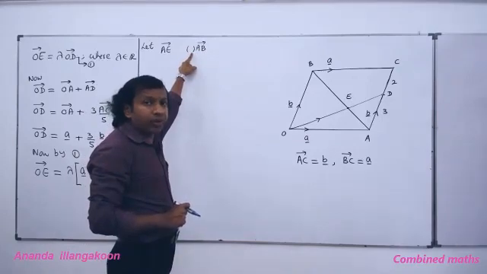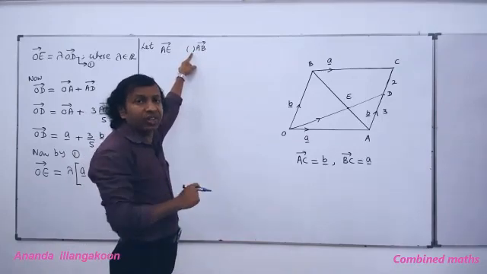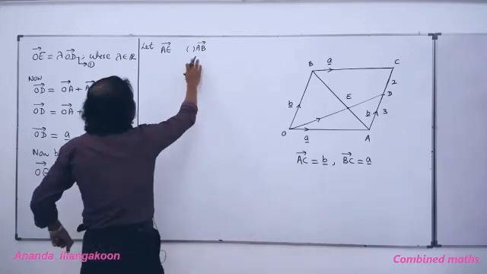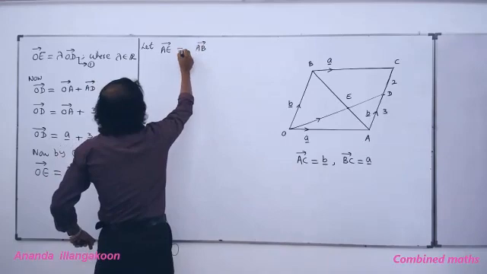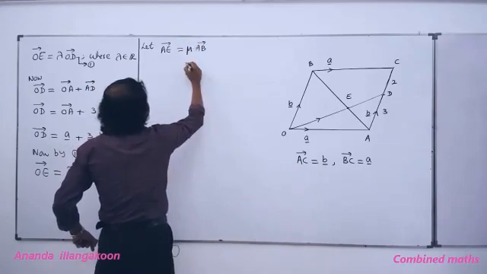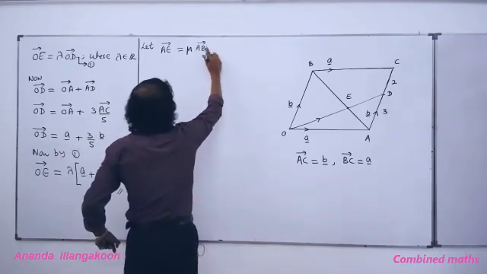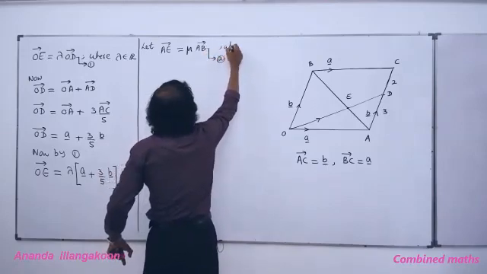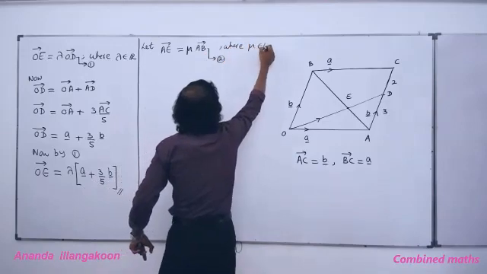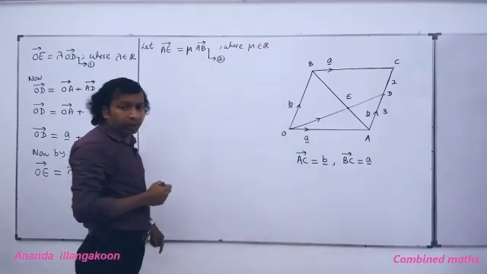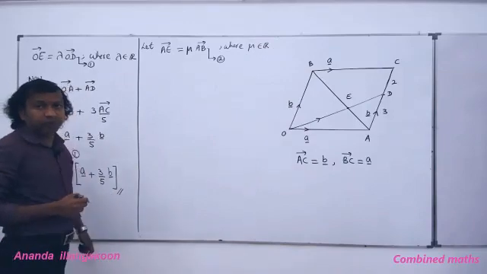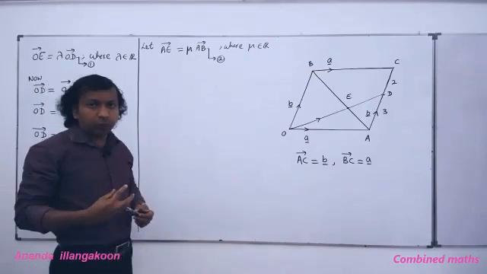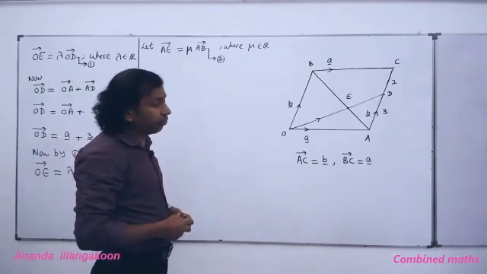I am going to assume that real number as mu because we don't know the exact value. Again, I can write let AE equal mu times AB. This is number 2, where mu is a real number. Multiplying this AB vector by a value which is less than 1, we can obtain this AE vector.